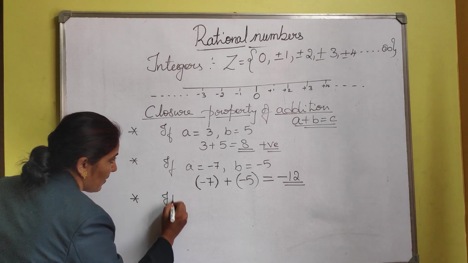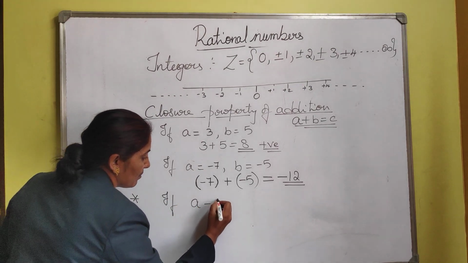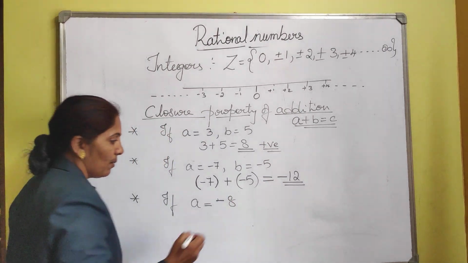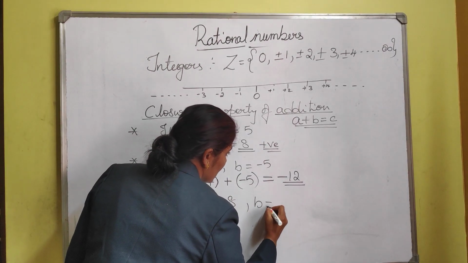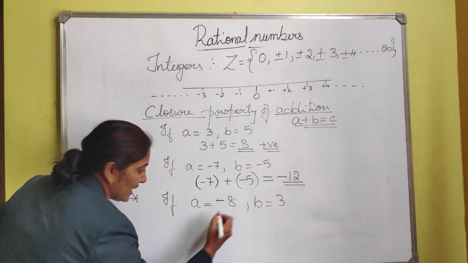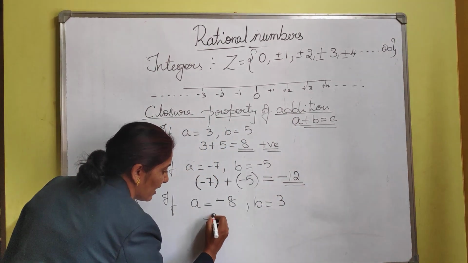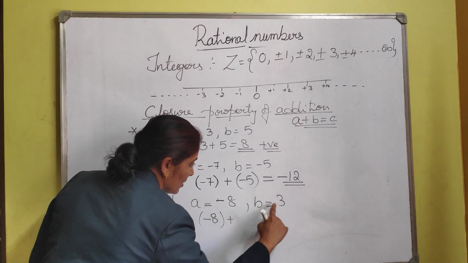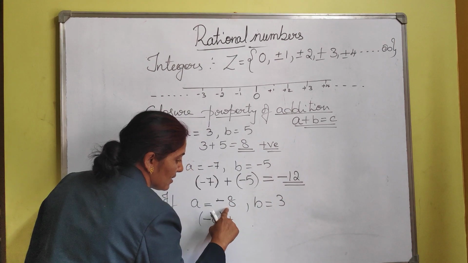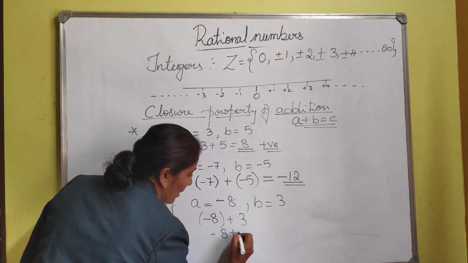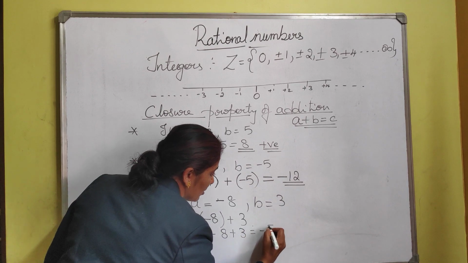Say A is equal to minus 8 and B is equal to 3. I can find the sum again. This is positive whereas this is negative. So I can write this as minus 8 plus 3, which is equal to minus 5.